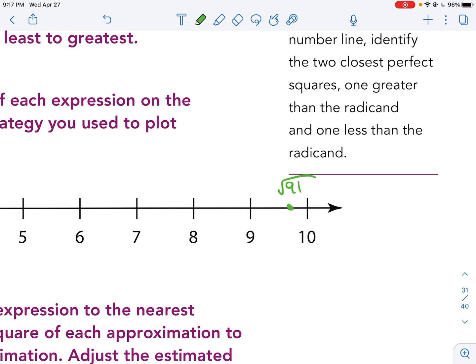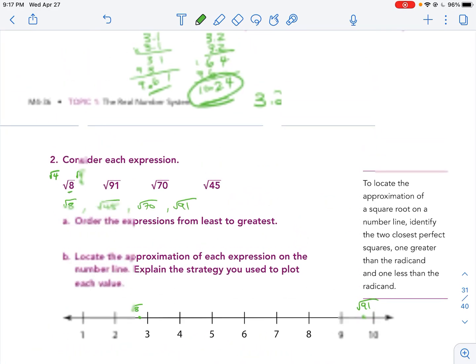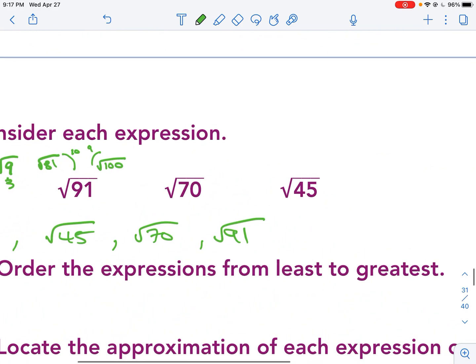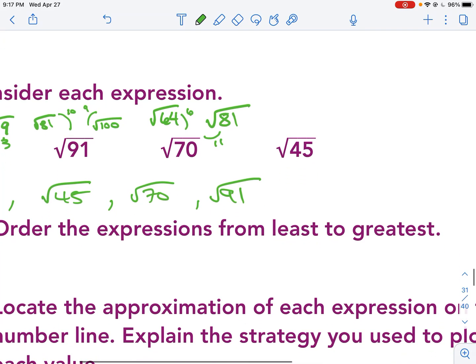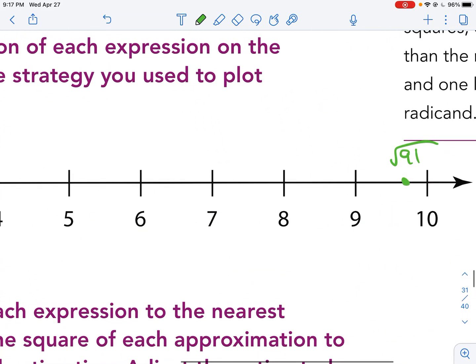So here we go. Sorry about that, everyone. Then the next one is the square root of 70. So we have the square root of 81, that's 9 squared, and 8 squared, 64. From here to here is 6 away. From here to here is 11 away. So it's closer to the square root of 64, which is 8.